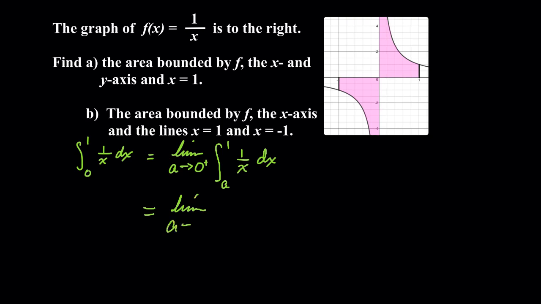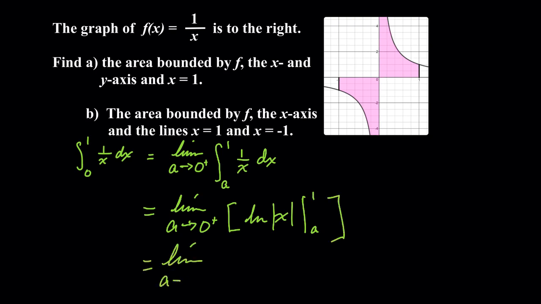All right, so we know the antiderivative of 1 over x is natural log, evaluated between a and 1. Now we substitute in, giving us the natural log of 1 minus the natural log of a.